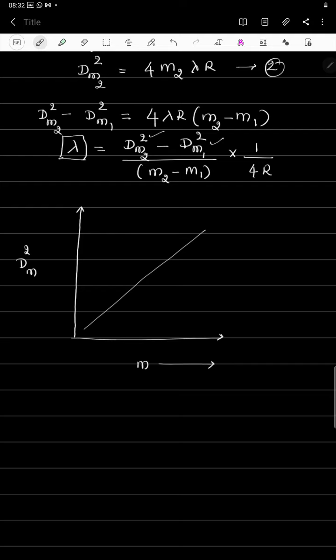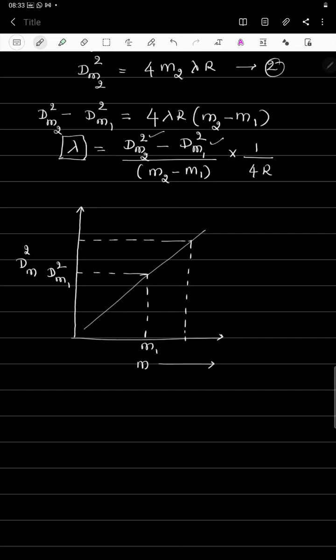Then to find the slope, let us draw at this diameter. This will be the dark ring. For this dark ring, this is the diameter, and for the next dark ring, let us suppose this is the diameter that you are going to get. So this I will denote as dm1 square. This is for the m1th dark ring.